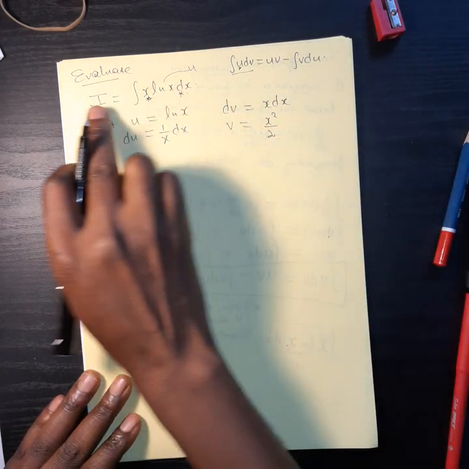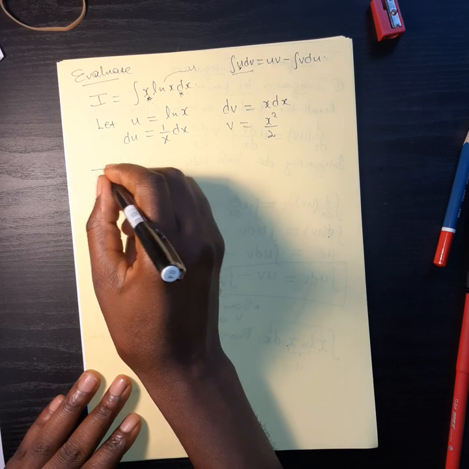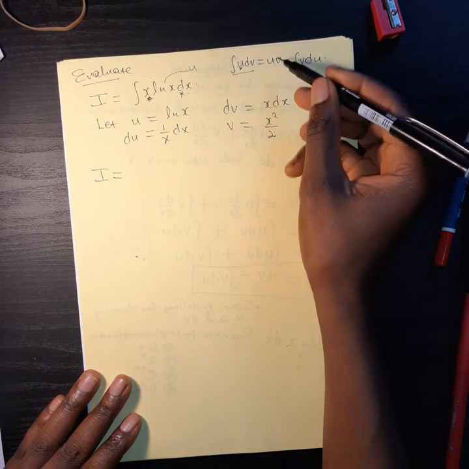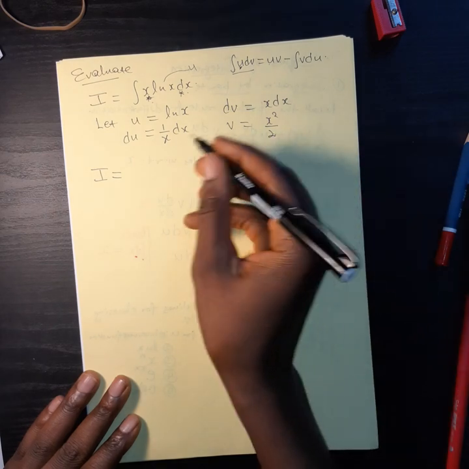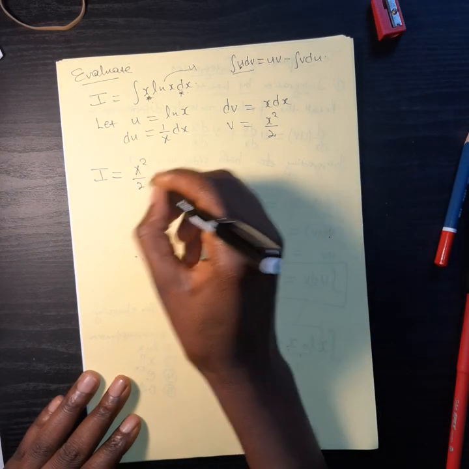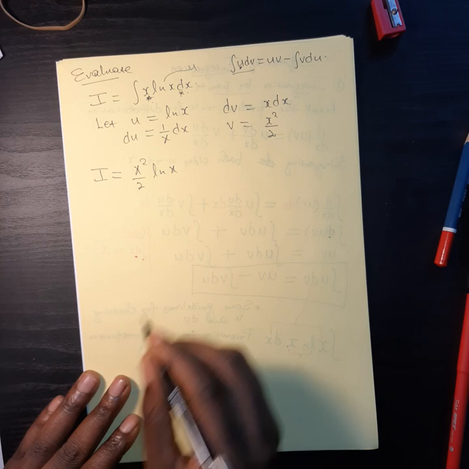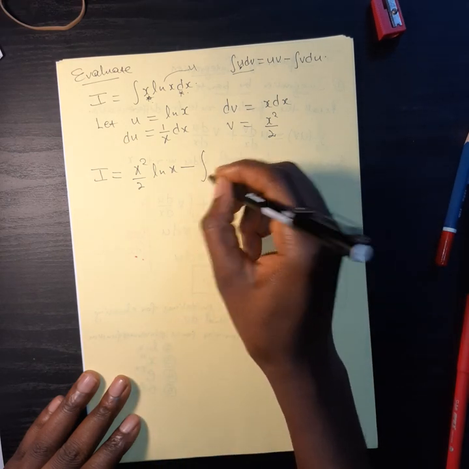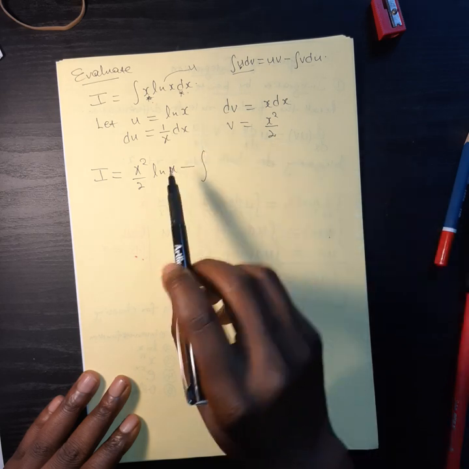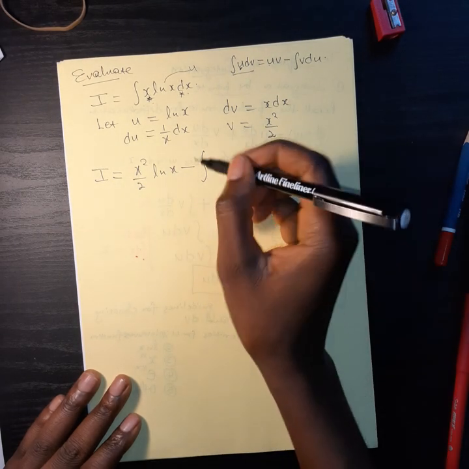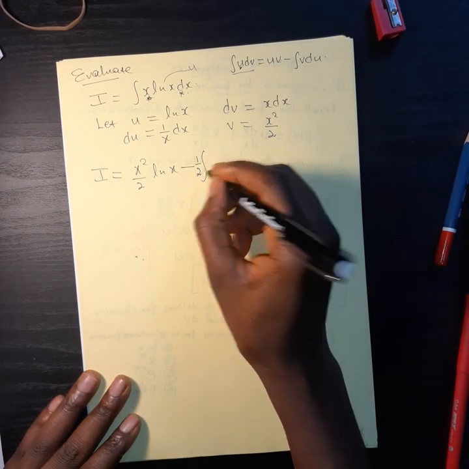So it tells us that now our I is equal to uv, u and v. So it's x squared over 2, the ln of x, minus the integral of v du. V is this, so we can write our 1 over 2 there.